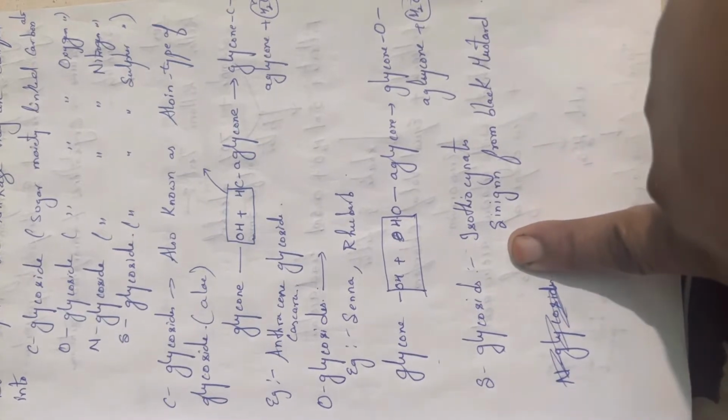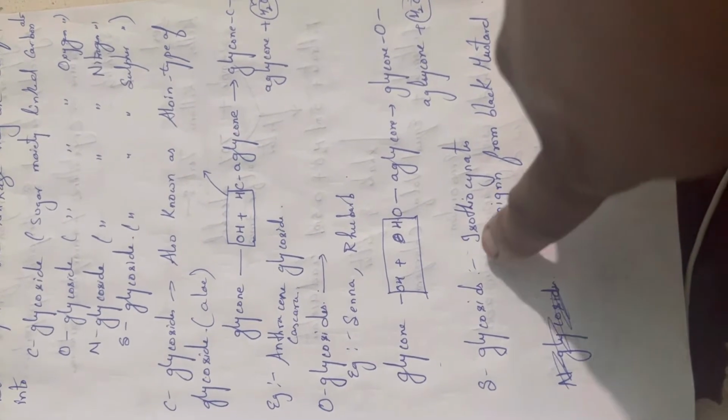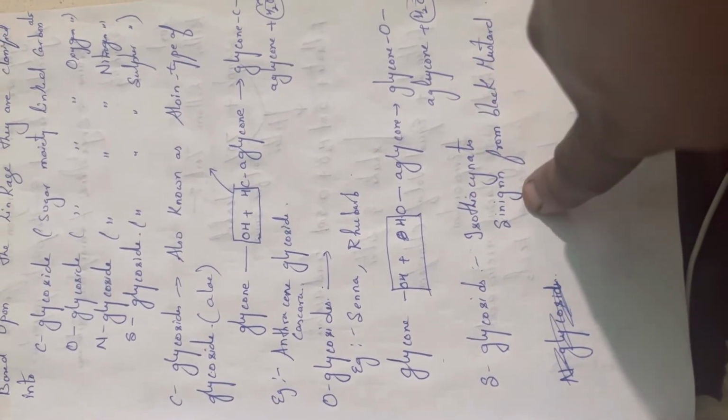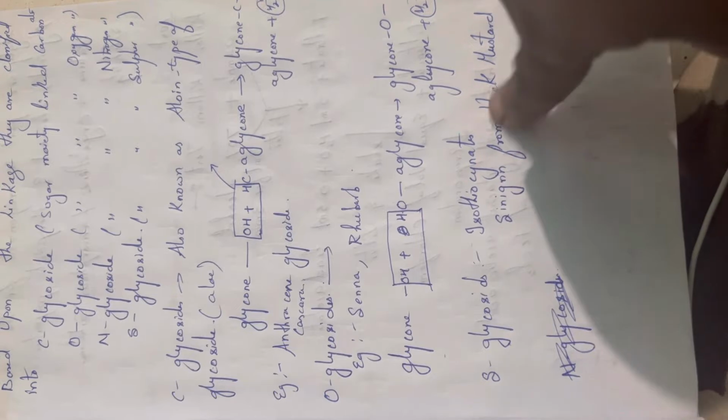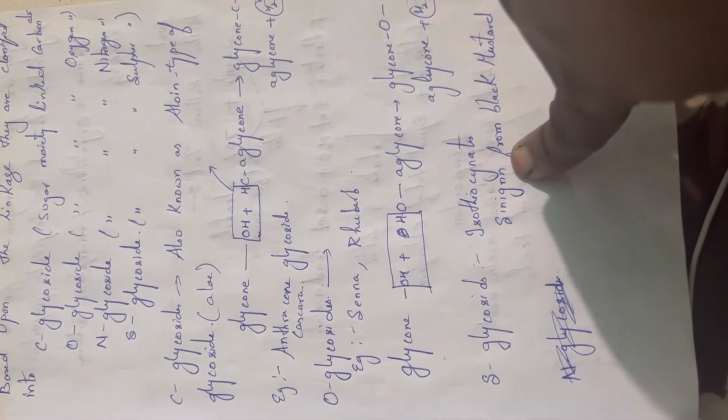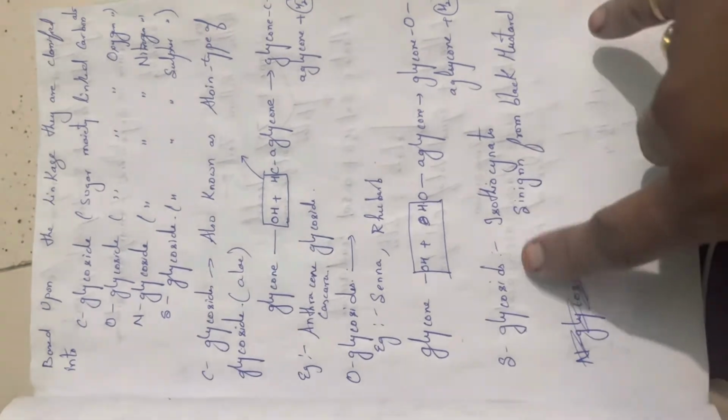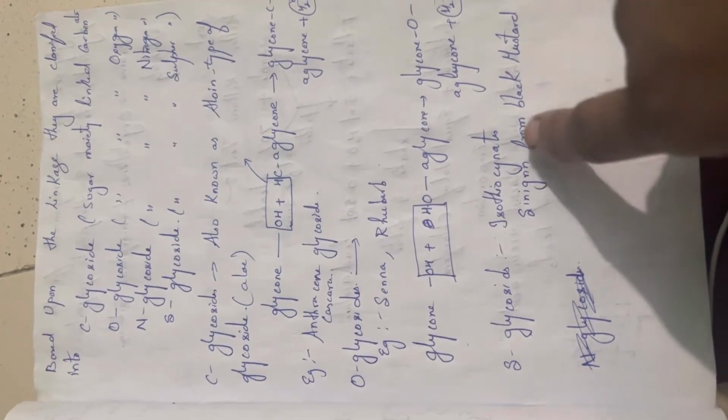Next, S glycosides, examples isothiocyanate, sinigrin from black mustard. In the category of isothiocyanate, sinigrin from black mustard, that is the example.